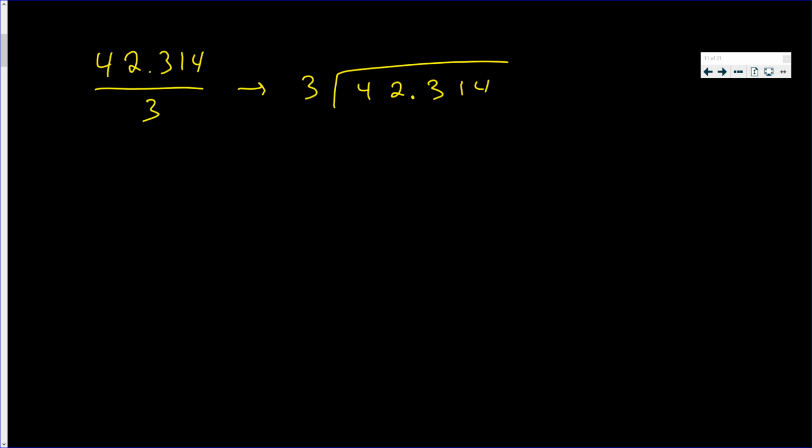But if you put it here, just put the 1 above. Now, if you like, don't see those decimals. They're not there. 3 into 4 goes one time. Subtract 3, get 1. Bring down the 2. 3 into 12 goes 4 times evenly. You subtract, you get 0.